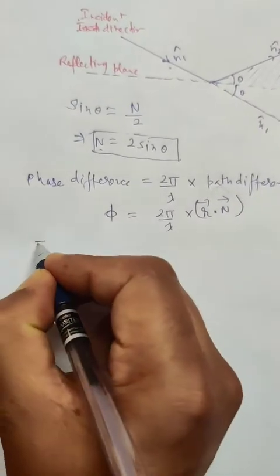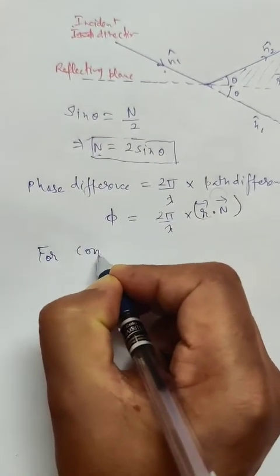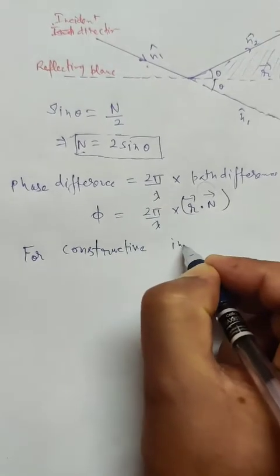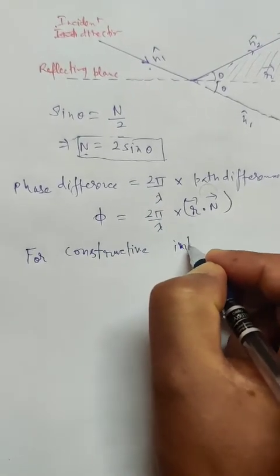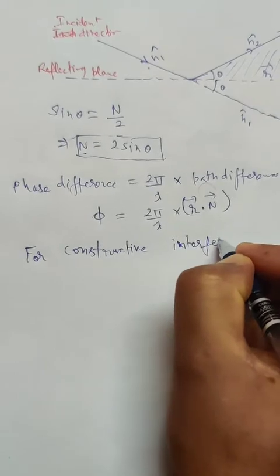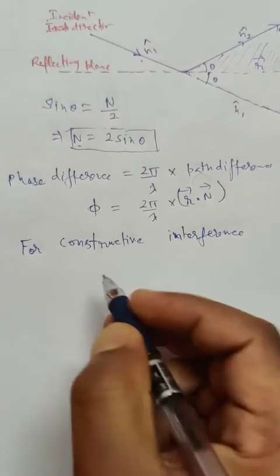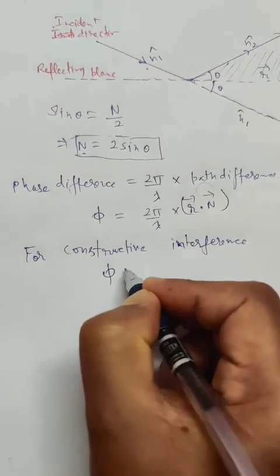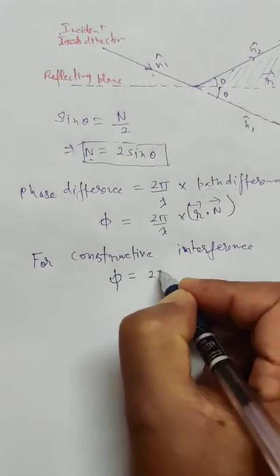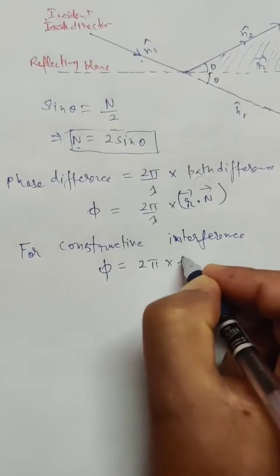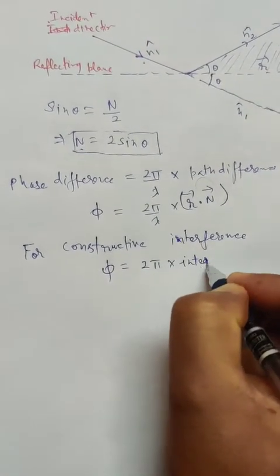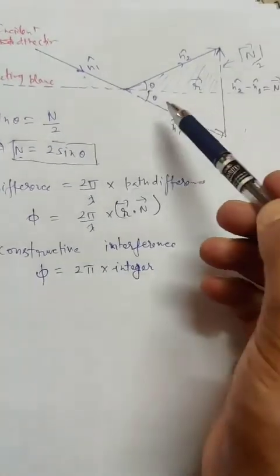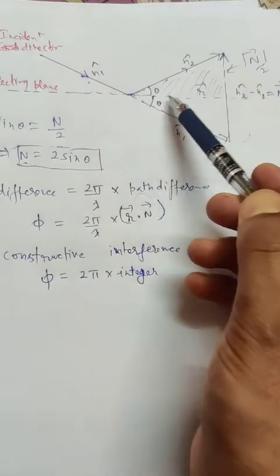For constructive interference, the condition for the phase difference is 2 pi into an integer. So now here I am taking a particular direction r.